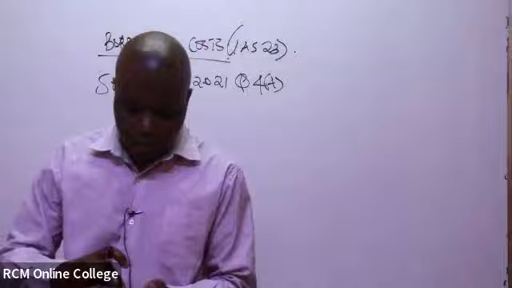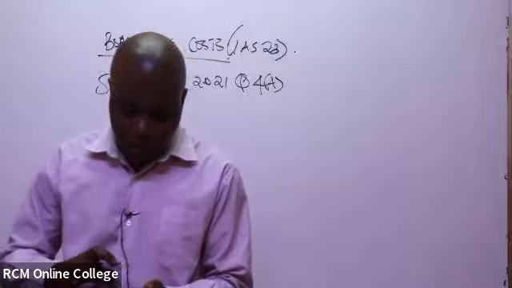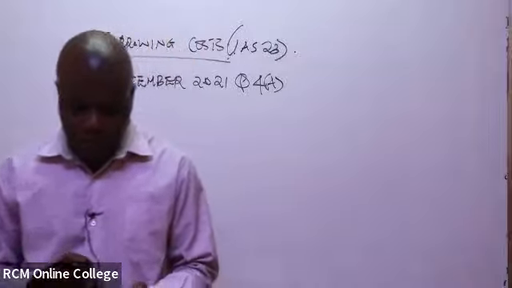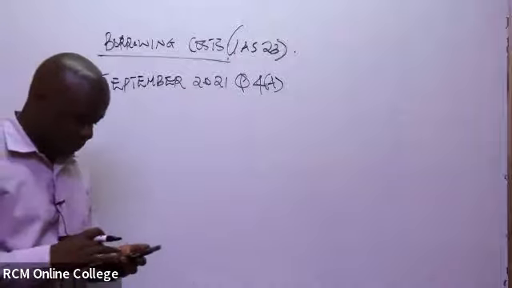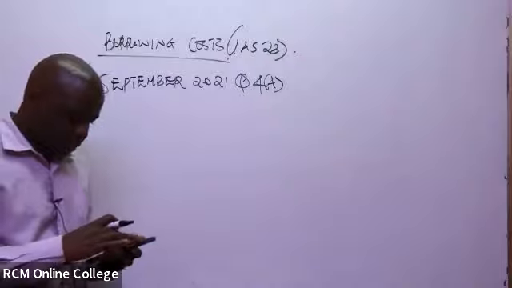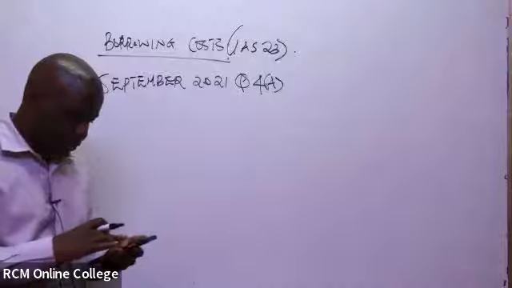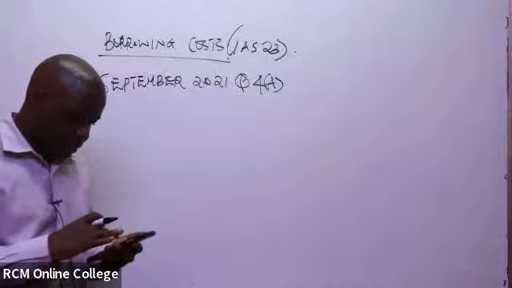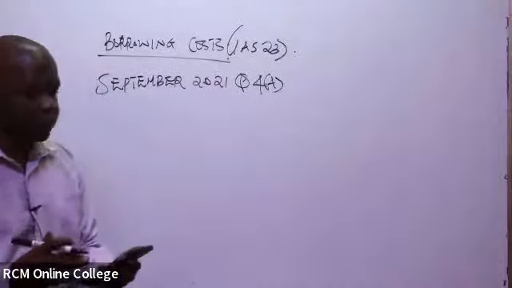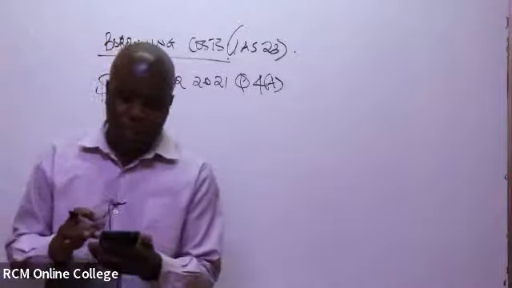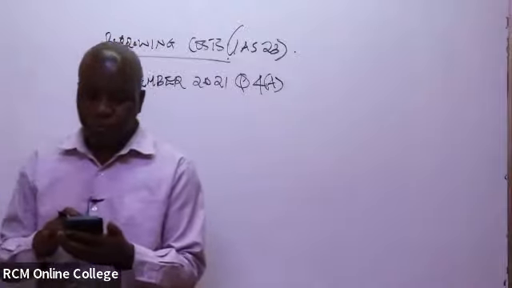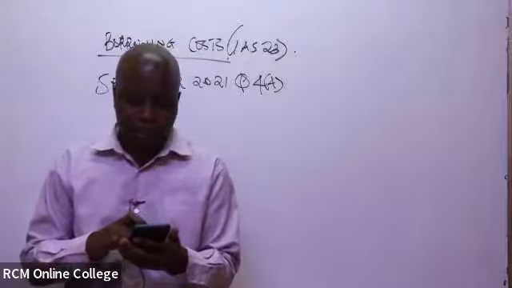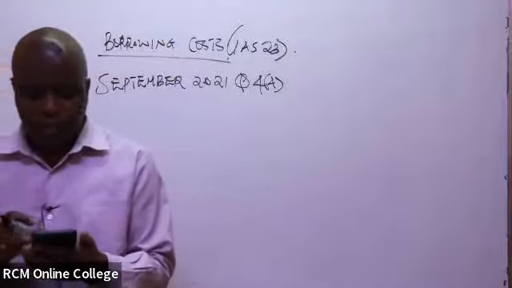So it is a past paper for September 2021, question number 4A. Maybe I can go through the question. It is about Darubini Limited, which has provided the following schedule of its long-term loans for the year ended 31st of December 2020.